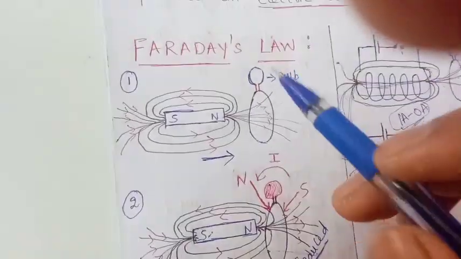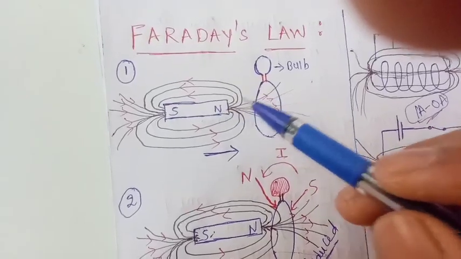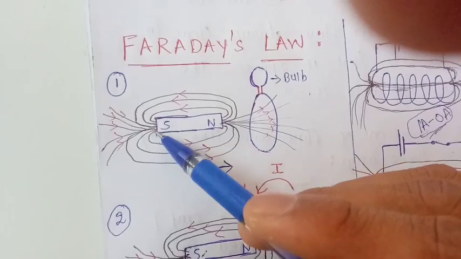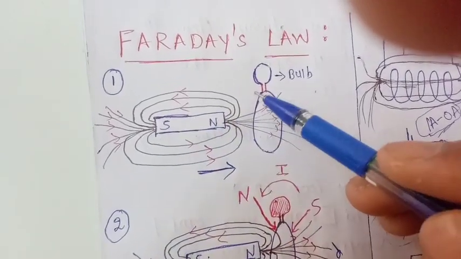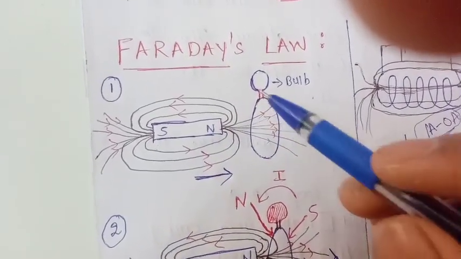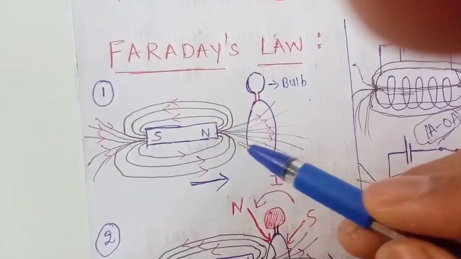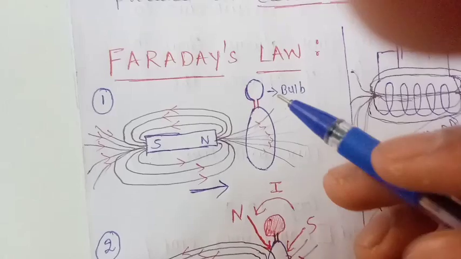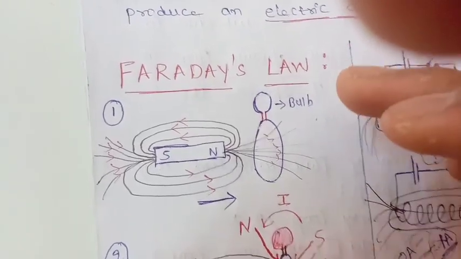Now Faraday performed the experiment once again by keeping this magnet constant. He started to move this coil nearer to the magnet and away from the magnet. Then also he observed a flash of light.